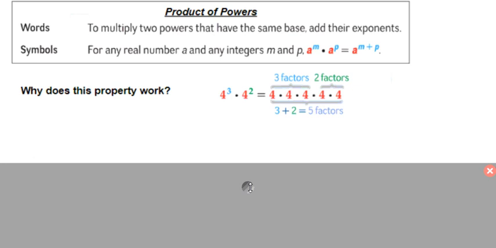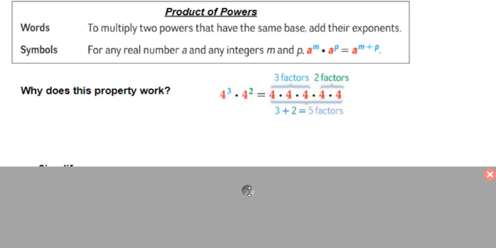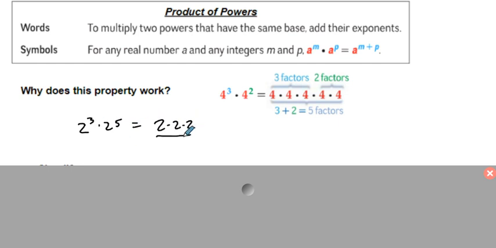All right, now the first thing is this product of powers. This is where you can multiply 2 things that have the same base and figure out the new exponent just by adding them. The reason this works is if you have 2 to the 3rd times 2 to the 5th, and you expand it out, this is how you would write 2 to the 3rd power, and then 2 to the 5th power would be the same thing with 5 2's.